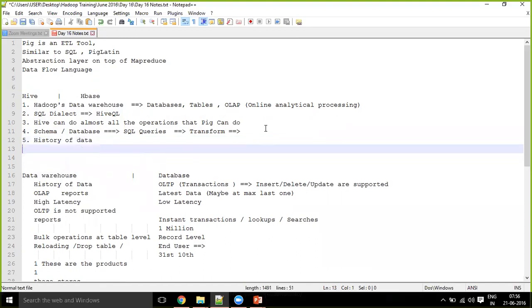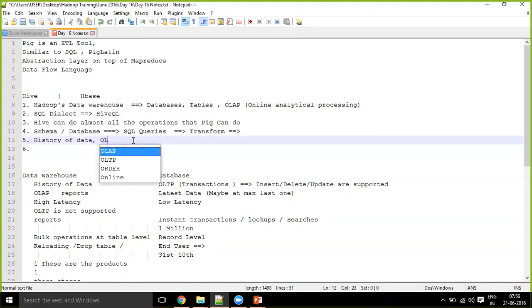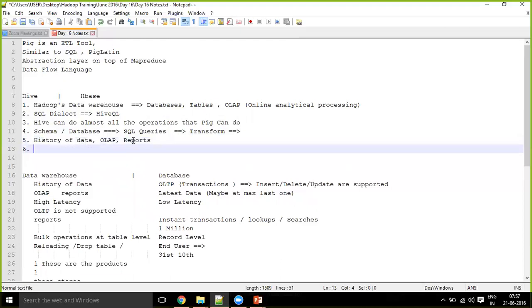Coming to its negative sides, let me complete the positives first: history of data, good for OLAP, online analytical processing, and the valuable outcome out of your Hive is reports for end users.